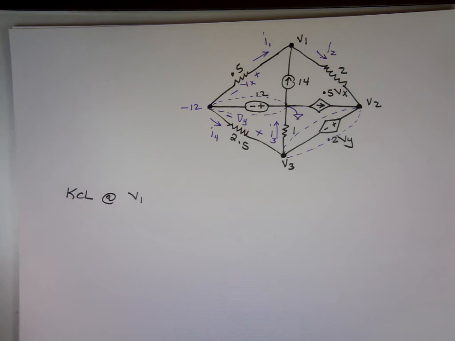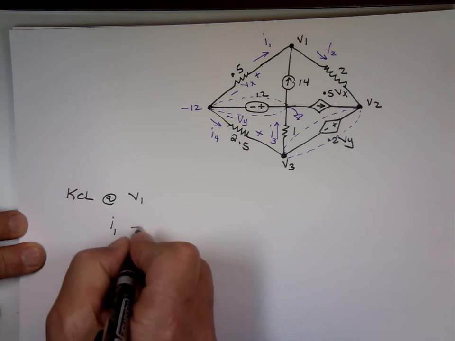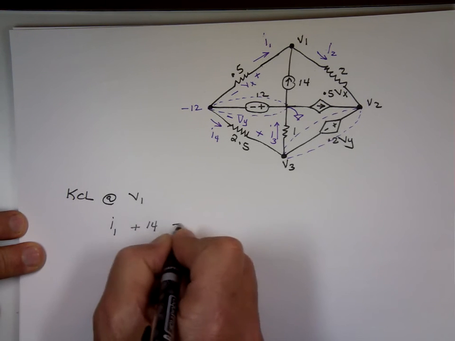KCL at V1. What is the current going into that node? I1 and 14, so I1 plus the 14. What's leaving? I2.